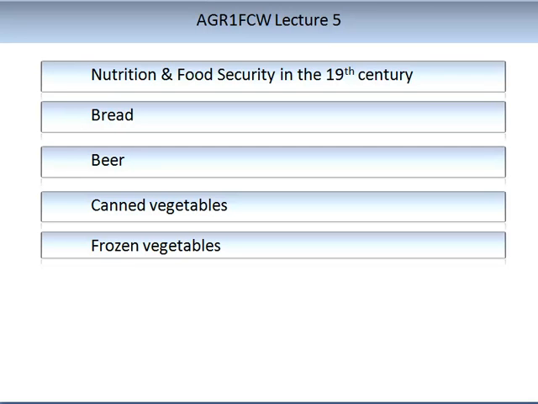When you look at these products from a nutritional perspective, you may come to a range of conclusions. Your first conclusion may be that bread can act as a staple and a good energy supply for the population. It is easily transported and can be sold, and often is sold quite cheaply.